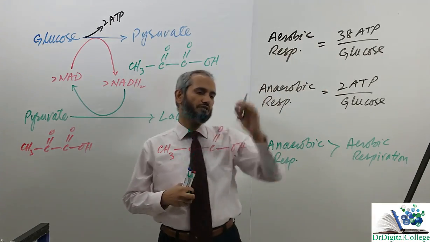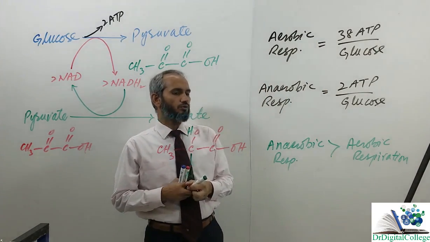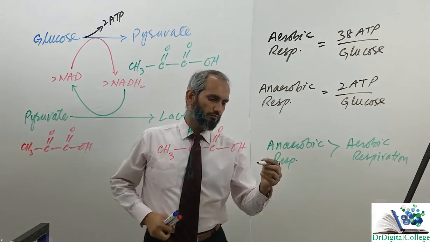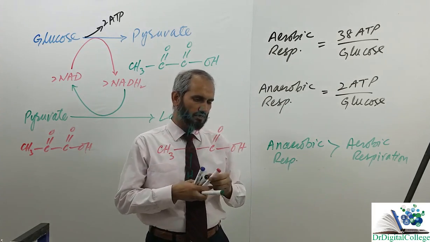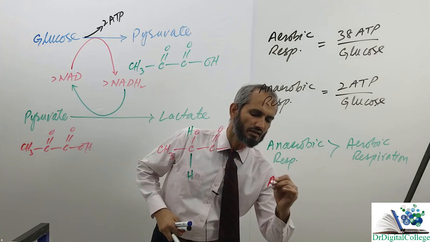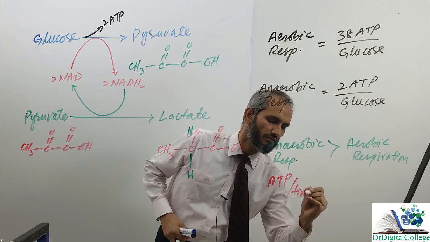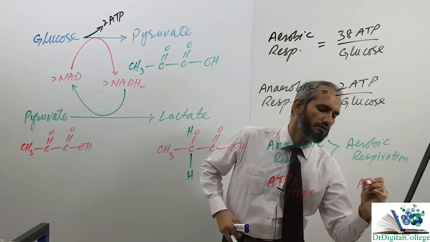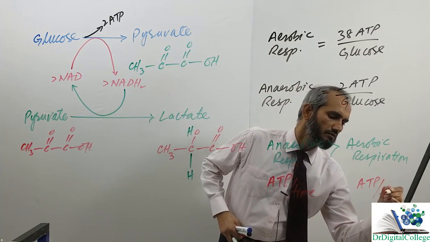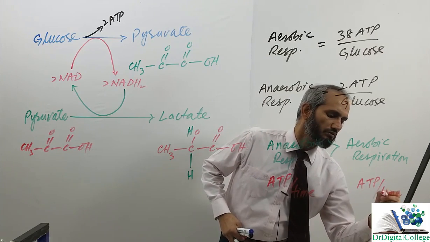It is opposite to this, that is the total number of ATP molecules produced per unit time. I am writing here ATP per unit time, and here ATP per unit time.